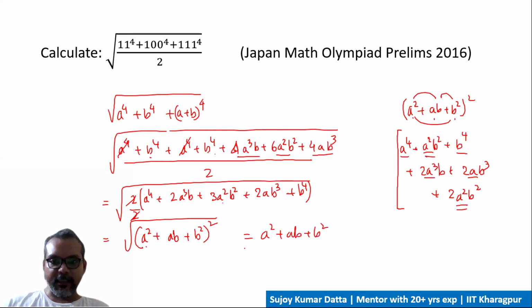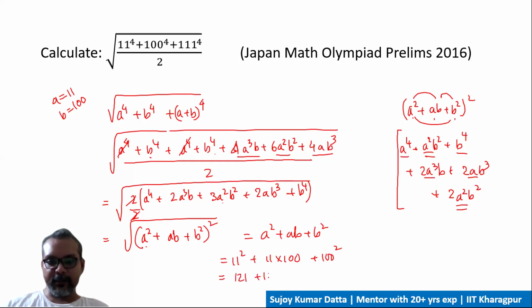So in this case, a is 11 basically. Then a times b is 11 times 100. Here we have a as 11 and b as 100. So the answer will be 121 plus 1100 plus.